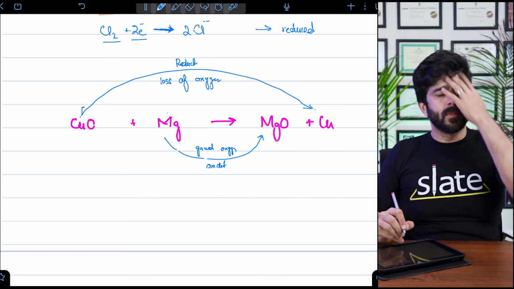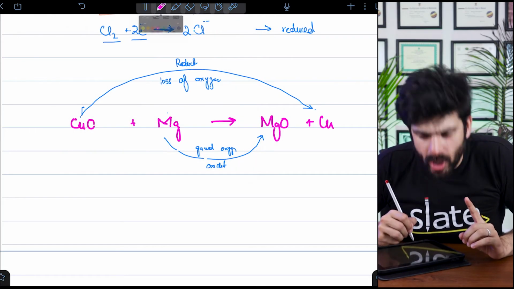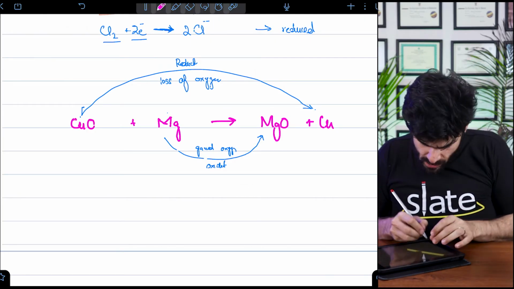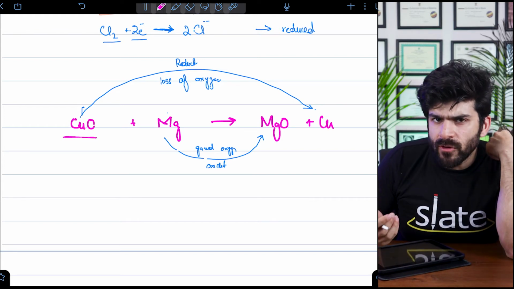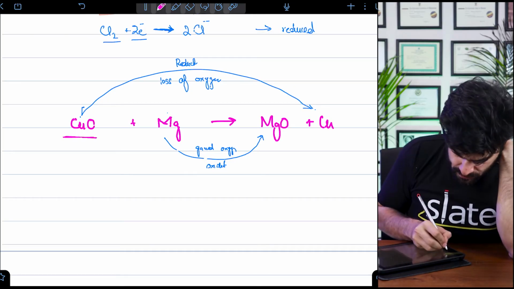But that's not it. Let's talk about a more important concept. Oxygen is a less important concept. More importantly, we will talk about the oxidation states. Copper oxide. We don't know what the oxidation state of copper is, but we know there are a few oxidation states which are fixed.